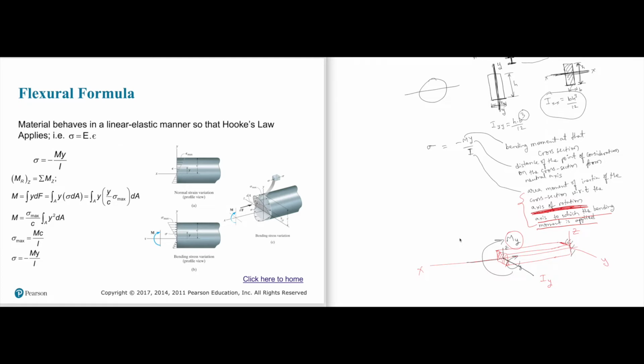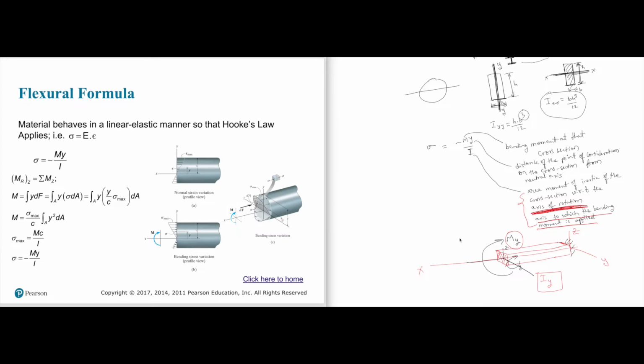So in any problem, it is critical to first visualize with respect to which axis the moment is being applied. Then you have to find the moment of inertia with respect to that axis. That is very, very, very important.